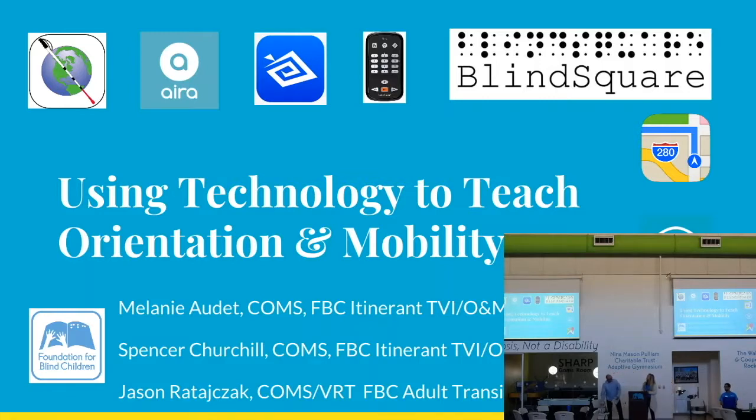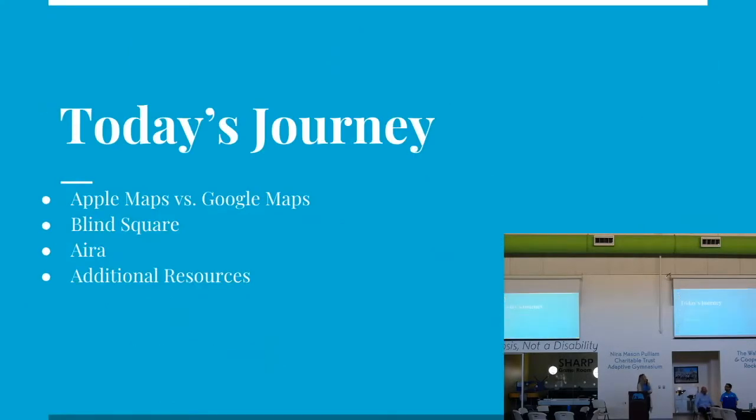So thank you guys for joining us on our presentation. We're going to be talking about some different technologies that can be used for teaching orientation and mobility, or if you find it useful for yourself with traveling. We are going to talk about some of the differences between Apple Maps and Google Maps that we found, as all 3 of us are orientation and mobility instructors.